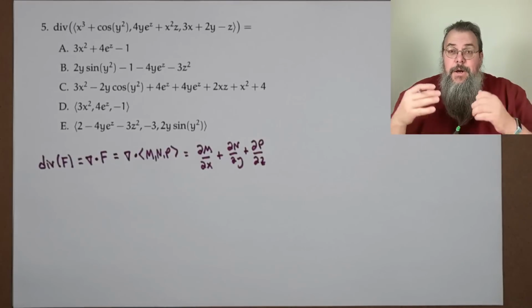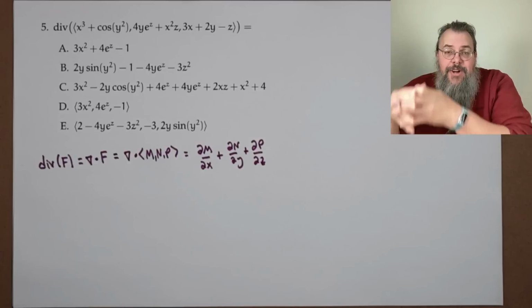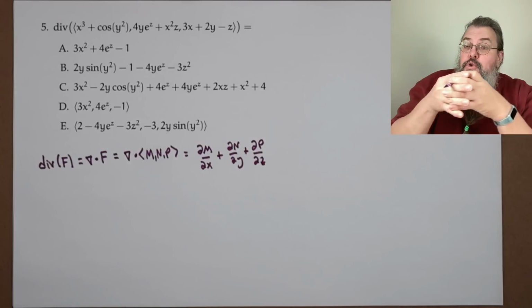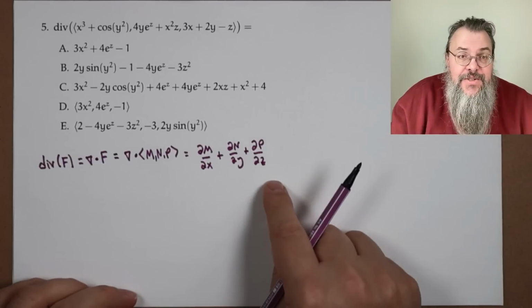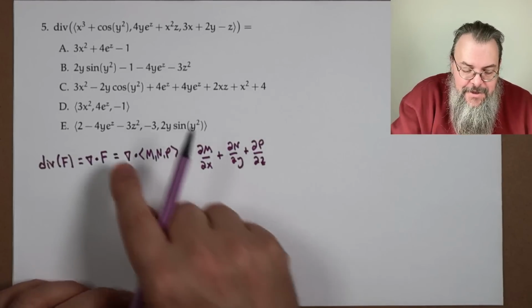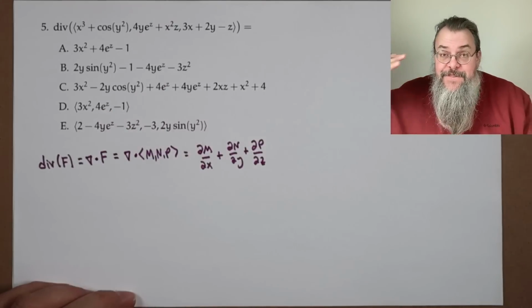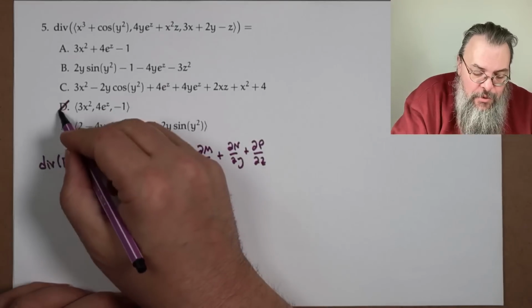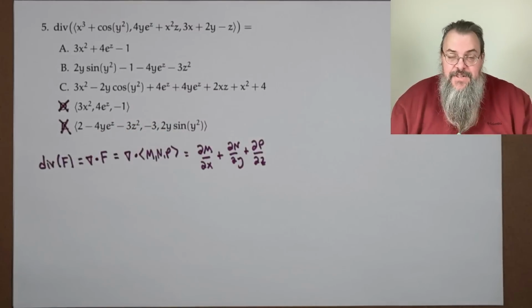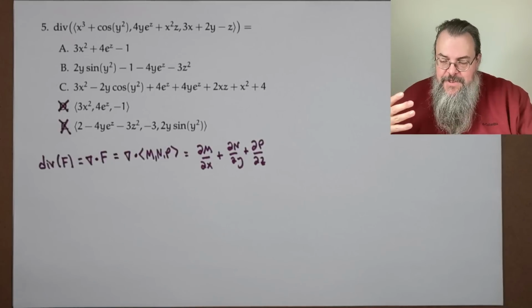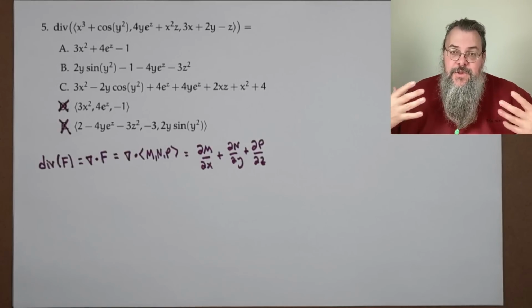So when you take the divergence, you start with the vector-valued function, you end up with a scalar. So there's no vectors involved. Look at D and E. Vectors. No. That's not possible. So understanding what the divergence is helps us rule things out.